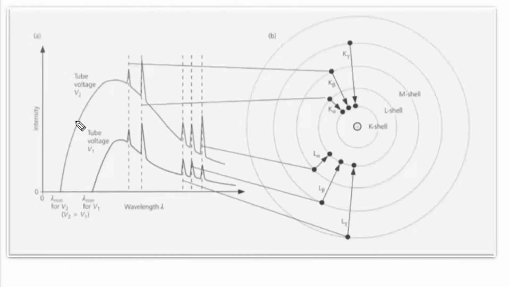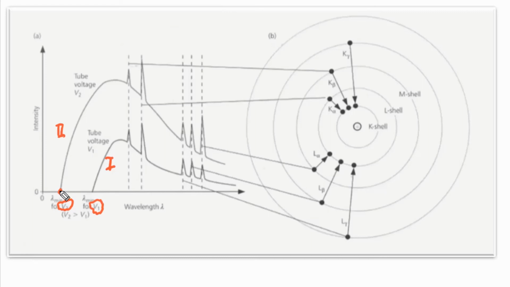Let's try to understand some more important points about the production of X-rays. This is curve 1, and this one is the second curve. This curve is produced when we use voltage V1, and this curve is produced when we use potential difference V2. In a question they can ask you which one is greater.